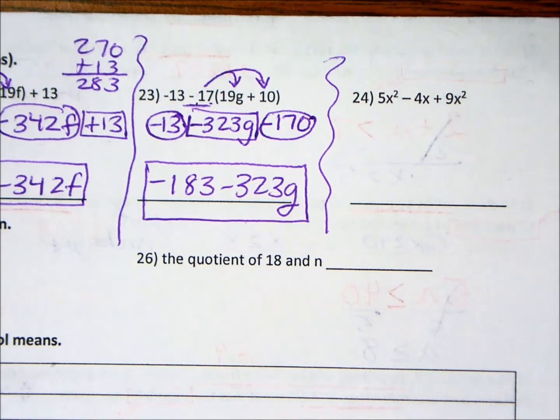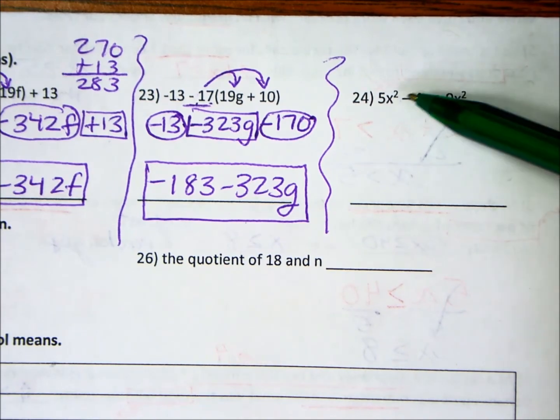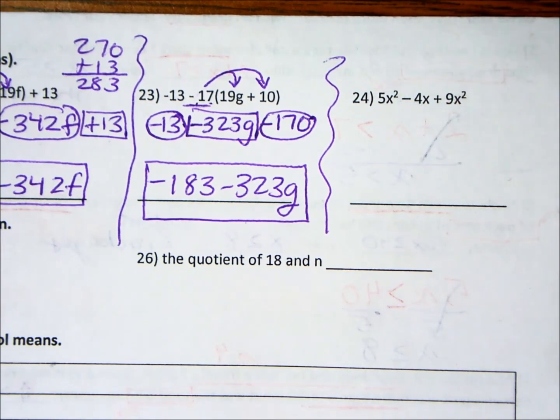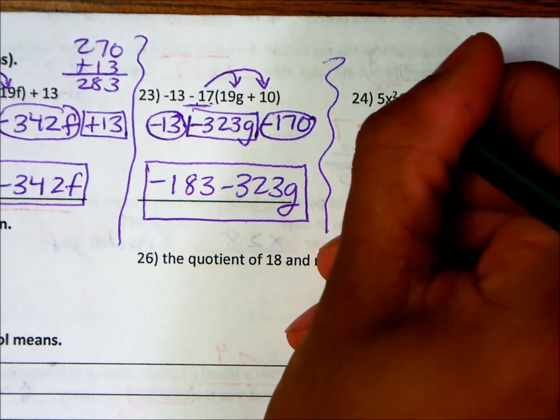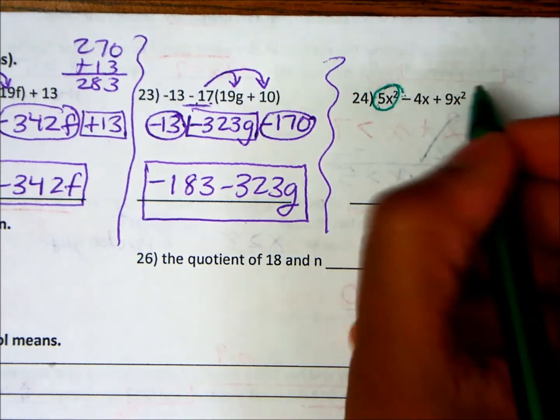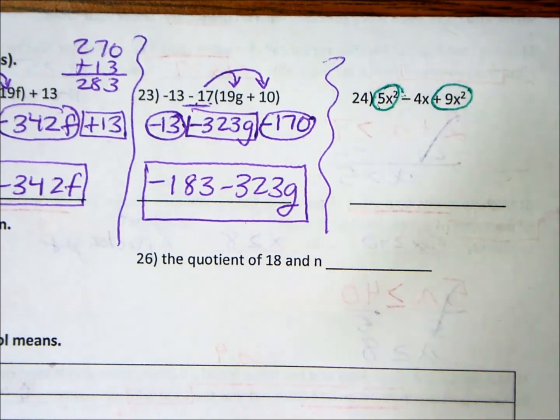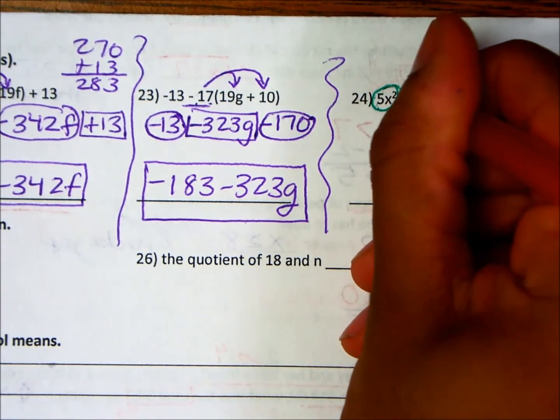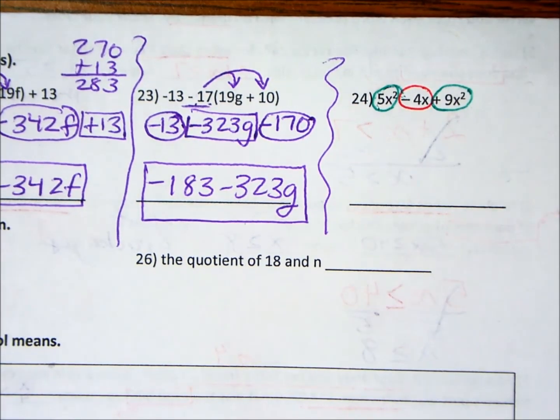Now the next one, if you want, we can use our colors. If you don't like the shapes, you can use colors. The first one I have is 5x squared minus 4x plus 9x squared. Well, let's circle the first one, 5x squared. Let's see if I have anything else with an x squared. Boom. 9x squared is also there. Then, let's do the next one. I have minus 4x. Anything else match up? Just an x by itself?